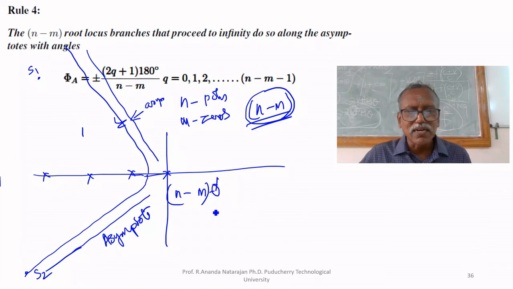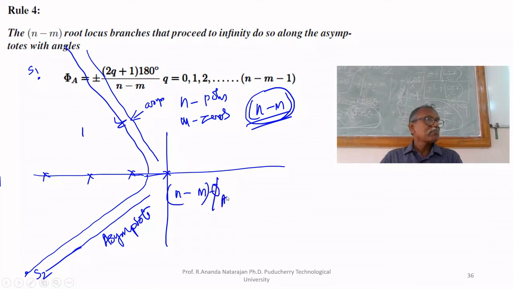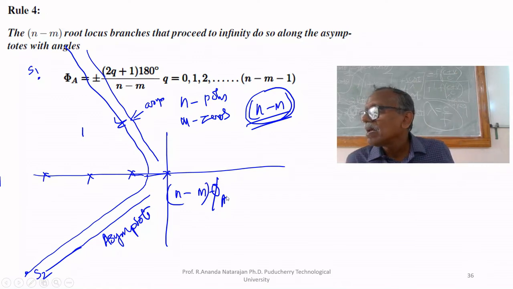Let us assume it is phi a. What is the angle contributed by S1 and S2? The angle contributed by S1 and S2 is phi a. Because it is a point at infinity, if you draw a line from that point to each pole, the angle is phi a. That is called the asymptote.